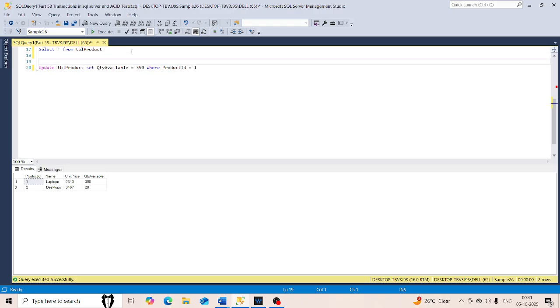So begin transaction. Now when I execute this, look at this, a transaction is now being processed on the tblProduct table.